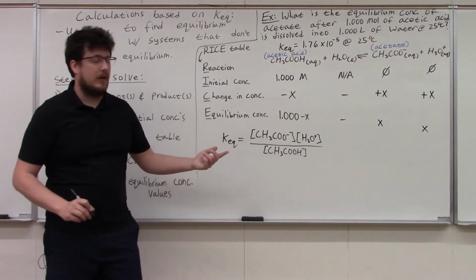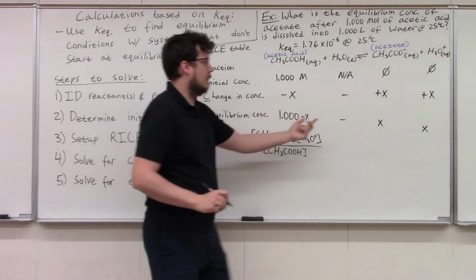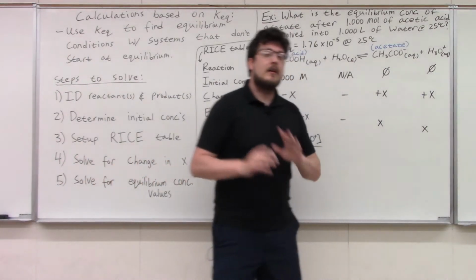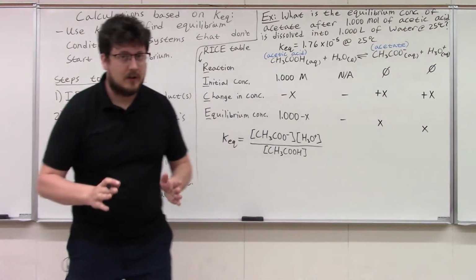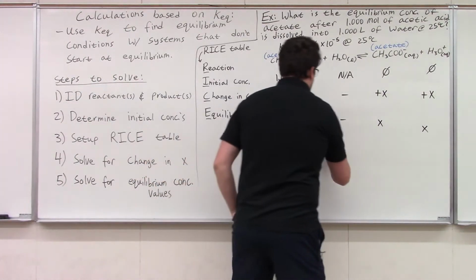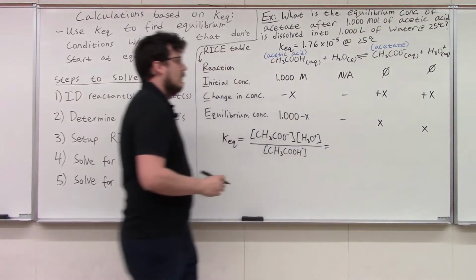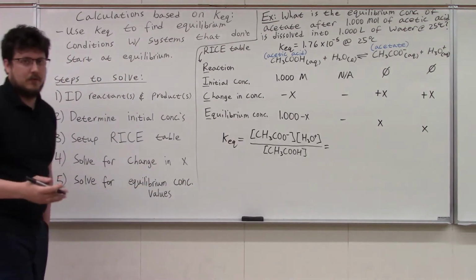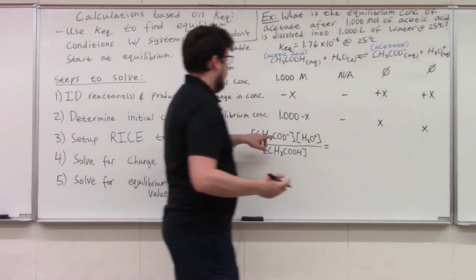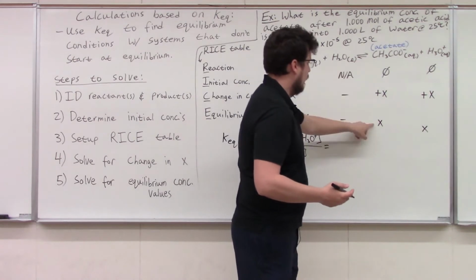And these are all the concentrations at equilibrium. That gets me KEQ, right? These are my concentrations at equilibrium, so I'm going to substitute those in. I don't have the numbers yet, but I've got something that represents the numbers, so I'm going to use that. What's the concentration of this guy?